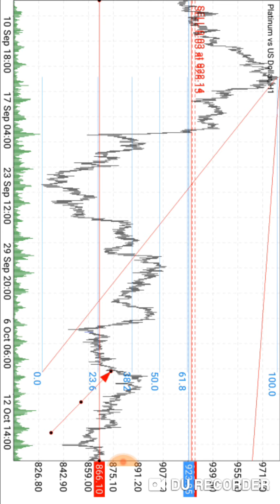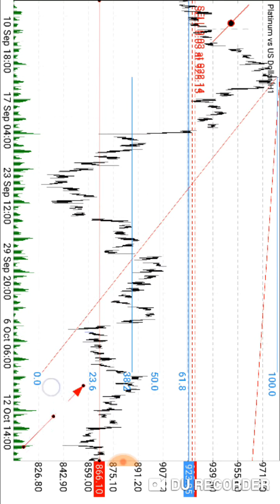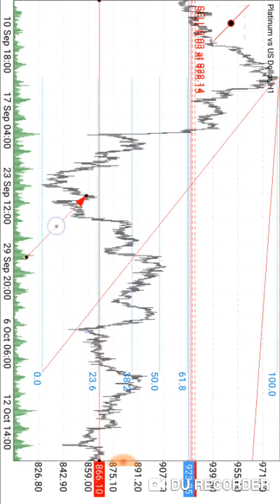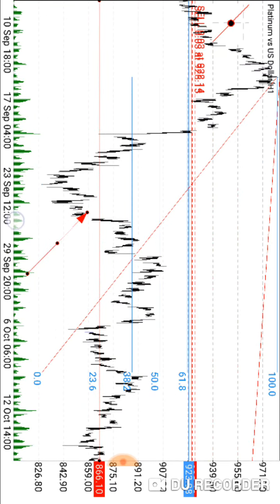So now, if you look at this area, this is level 23.6. When the market got there, it reacted to it.